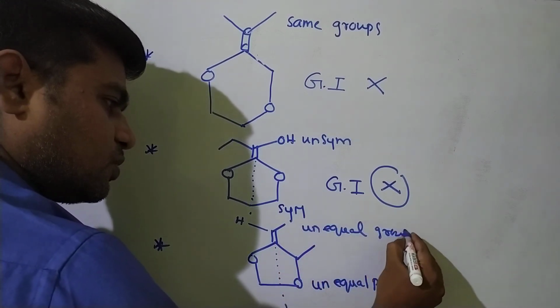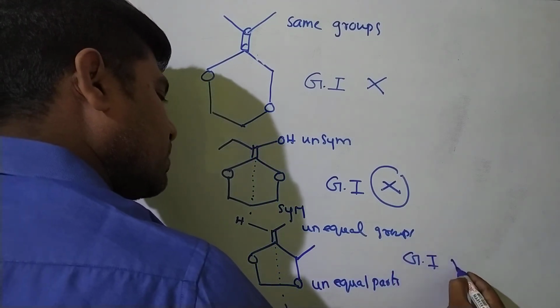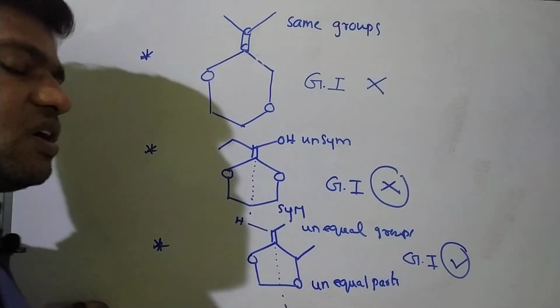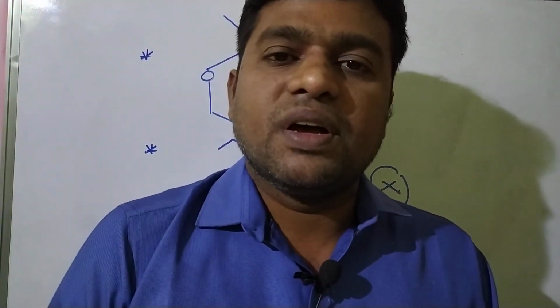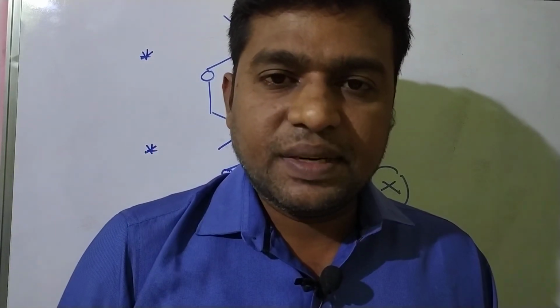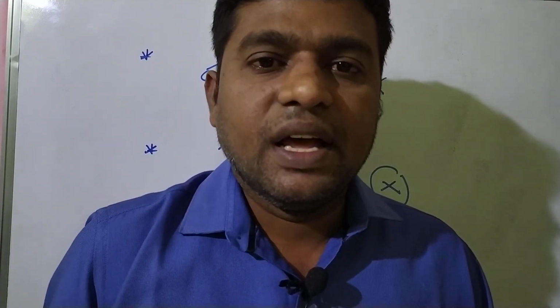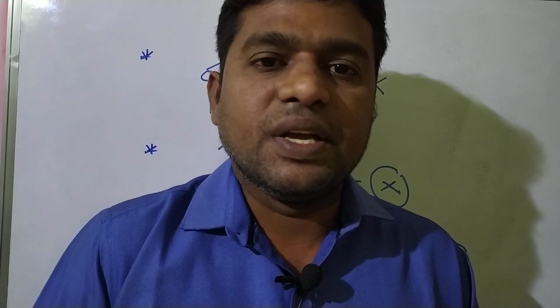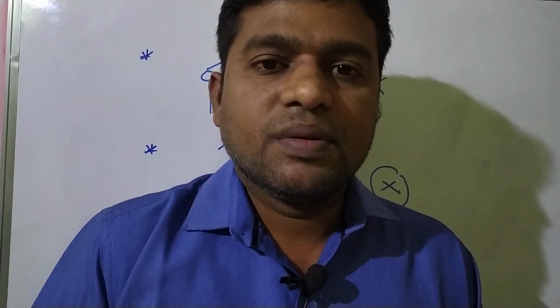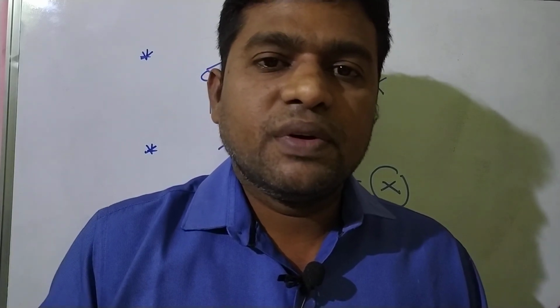So the overall result is that this molecule will exhibit geometrical isomerism. Okay, students? I think you understood very well. So please try to learn. Please pay concentration towards different examples, so you will automatically learn more and more. Definitely you will get an excellent rank in both JEE Mains and Advanced, NEET also.